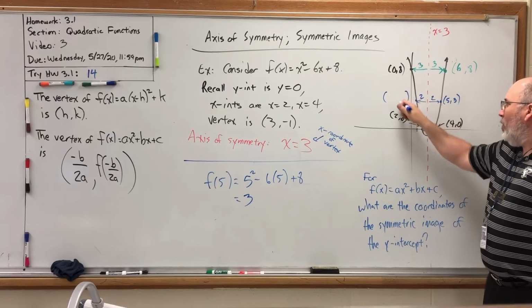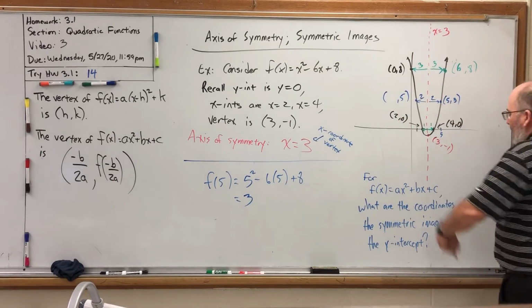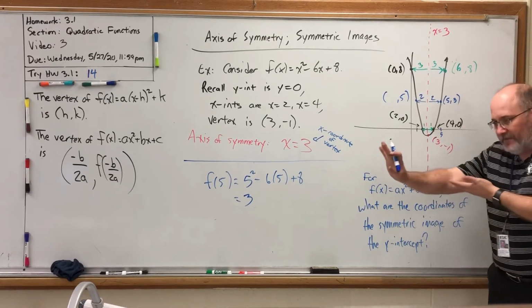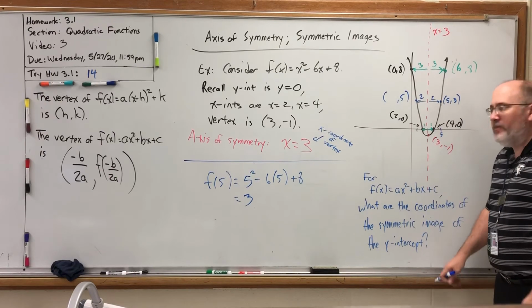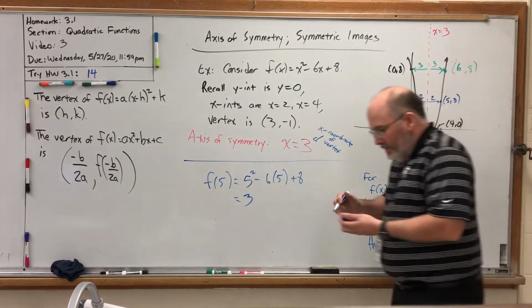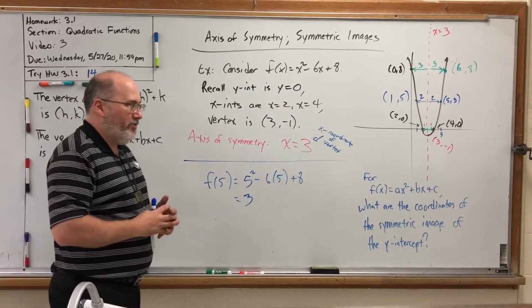I know it's the same y-coordinate because they're both up the same amount. But if the axis of symmetry is at x equals 3 and I go 2 spaces to the left of that, what would the x value be? 1.